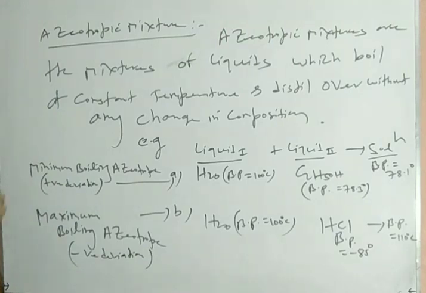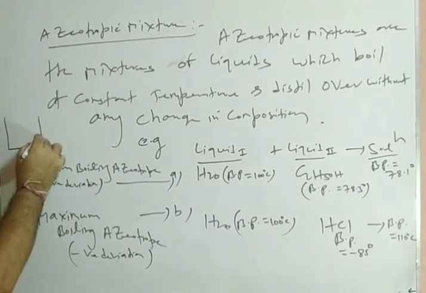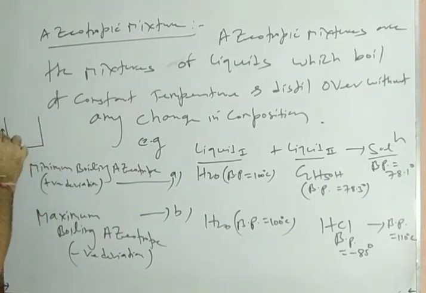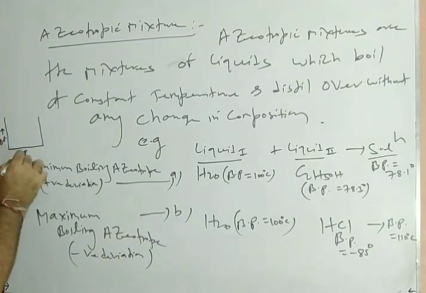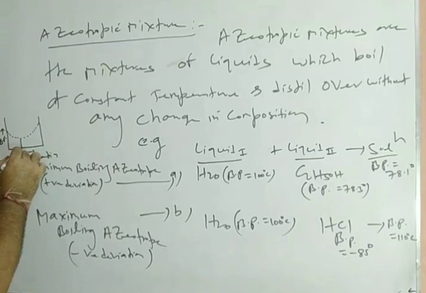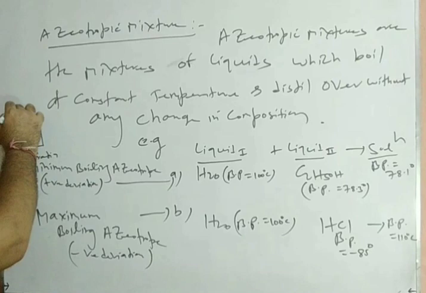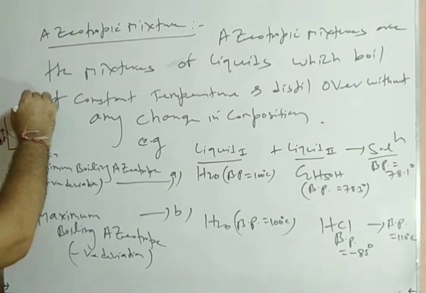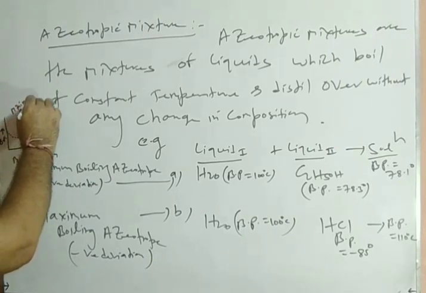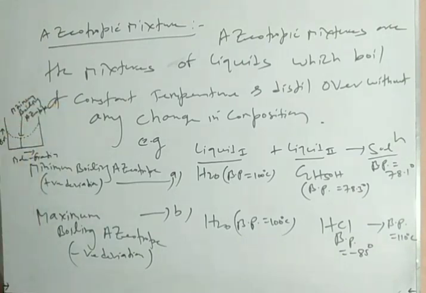Suppose we draw the graph between BP and mole fraction, this pattern of graph is obtained. This point indicates what? Minimum boiling azeotrope.